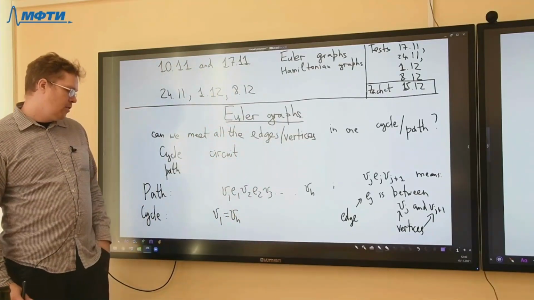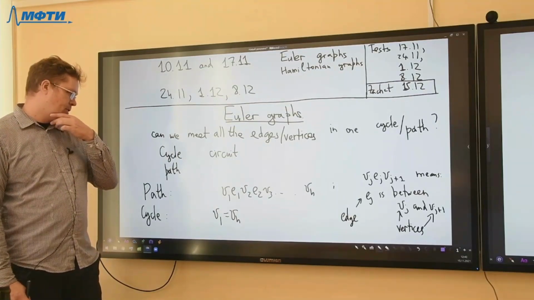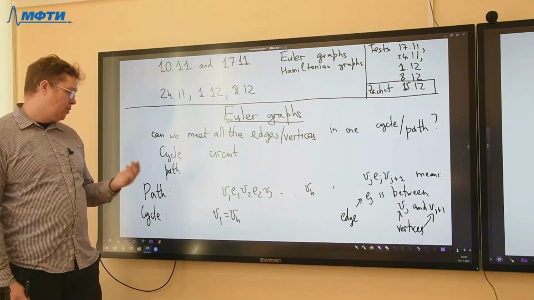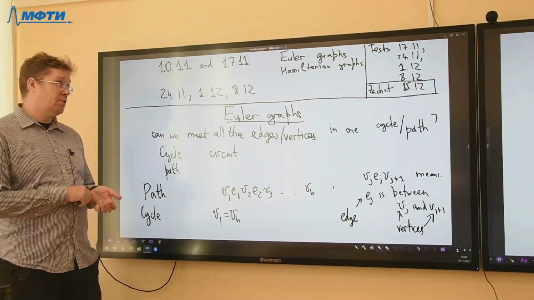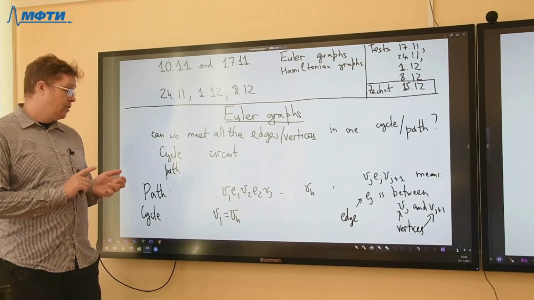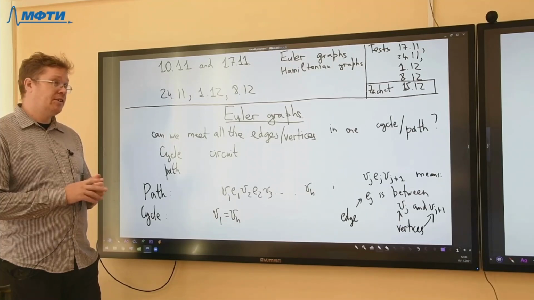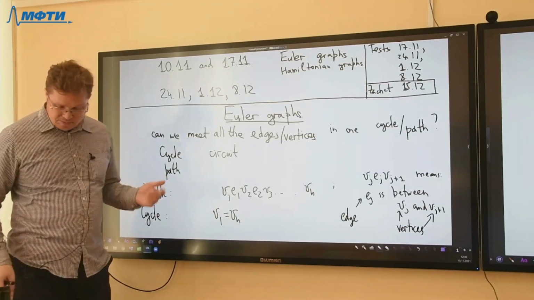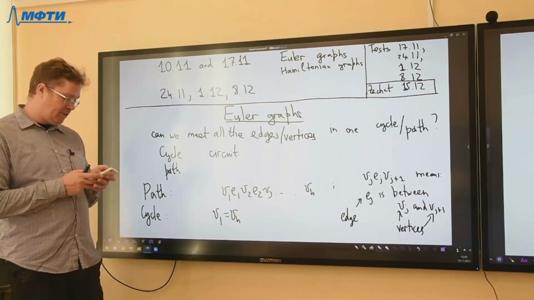But do you have restrictions on vertices and edges? Because sometimes in some books they put restrictions that edges should be distinct, and vertices should be distinct. What do you give in your definitions? What do you mean by cycle, or by path?